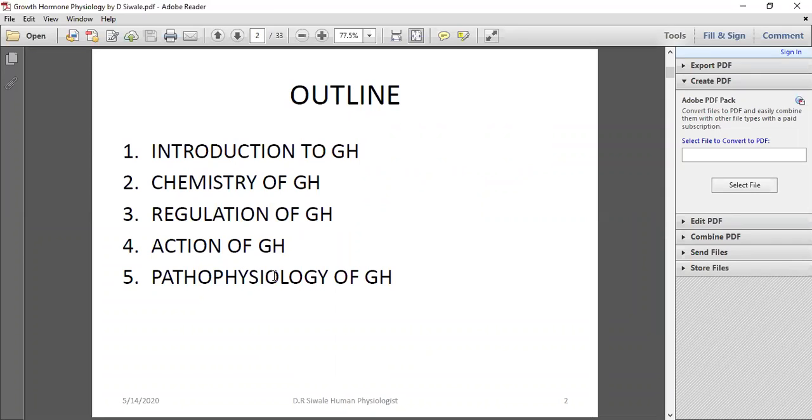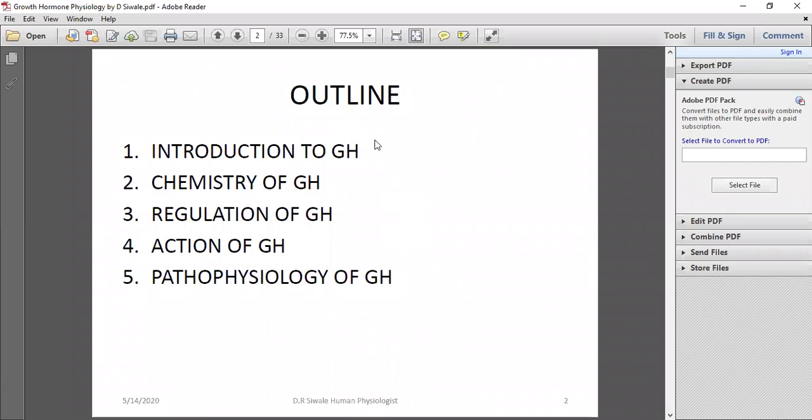And then lastly, the pathophysiology of growth hormone. This is basically definitions of certain diseases so that you can connect easily with pathology. It's clear? Yes, sir.